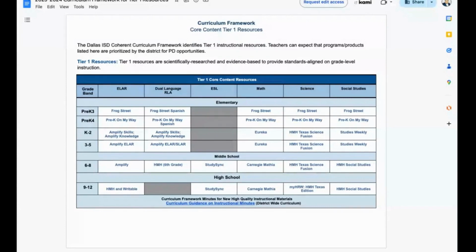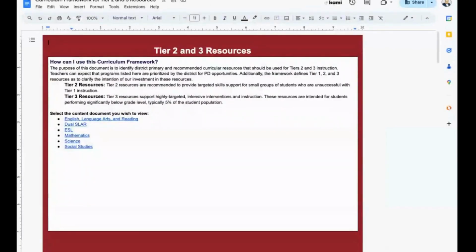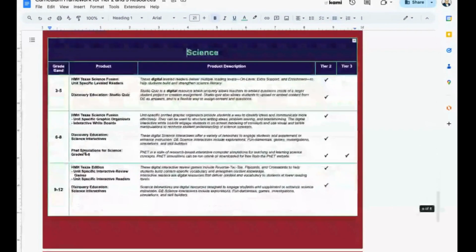For Tier 2 and Tier 3 resources, we can click on the document. It will populate this first page here. You would have to select Science, which will take us down to this frame. And we can see the grade bands on the left side, as well as the product that is provided and the product description and what we are using this resource for.